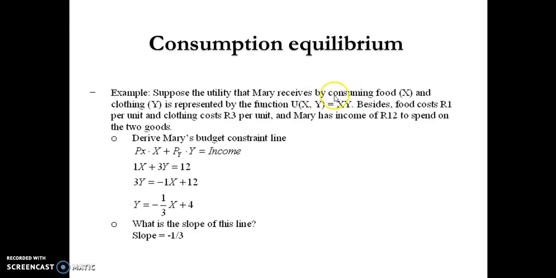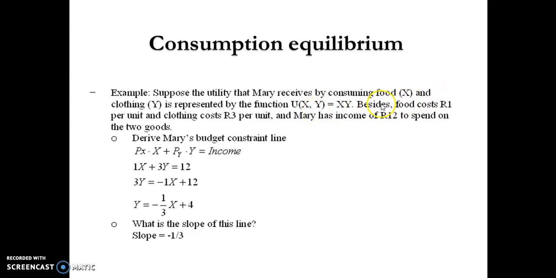Here you're told that food is denoted by the letter X and clothing is Y. But if you weren't given the symbols or variables and it was something else, the first coordinate would always represent what is on your horizontal or X axis, and the second would represent what is on your vertical or Y axis.